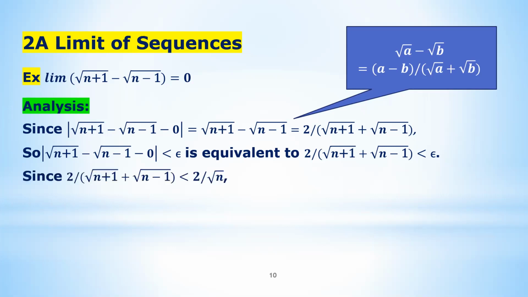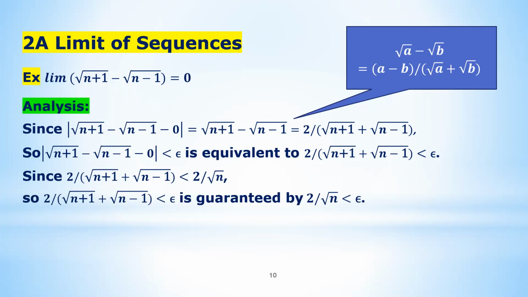Now the simplification is very simple because the whole thing is less than 2 over square root of n. Now why is this true? Every time you solve an inequality, you want to try to simplify it. Because suppose this is true, then the original inequality is reduced to 2 over square root of n less than epsilon, which is very simplified.